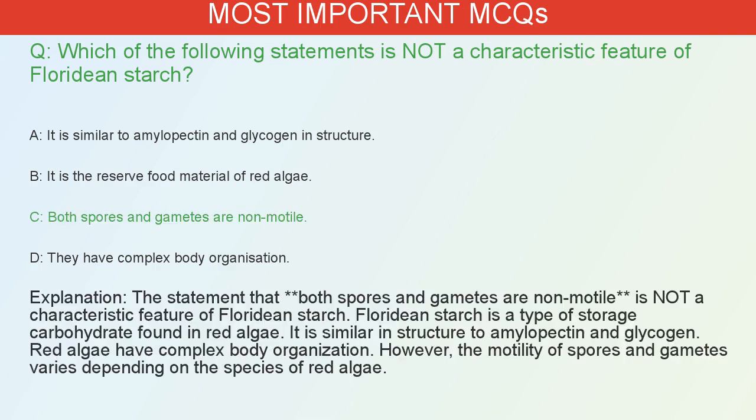The correct answer is C. The statement that both spores and gametes are non-motile is not a characteristic feature of floridean starch. Floridean starch is a type of storage carbohydrate found in red algae. It is similar in structure to amylopectin and glycogen. Red algae have complex body organization. However, the motility of spores and gametes varies depending on the species of red algae.